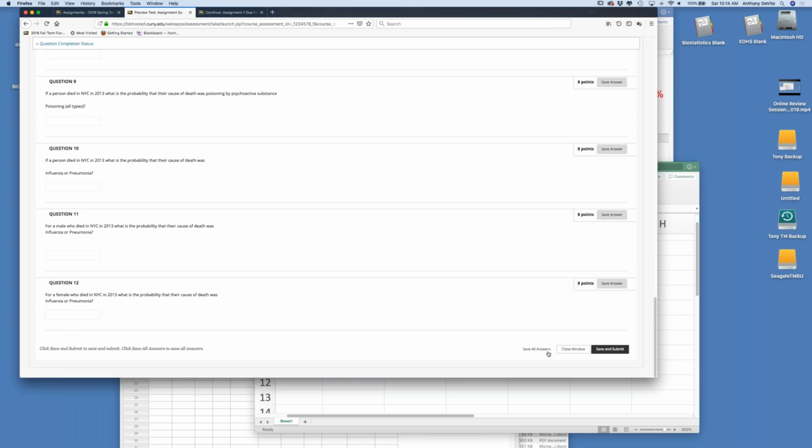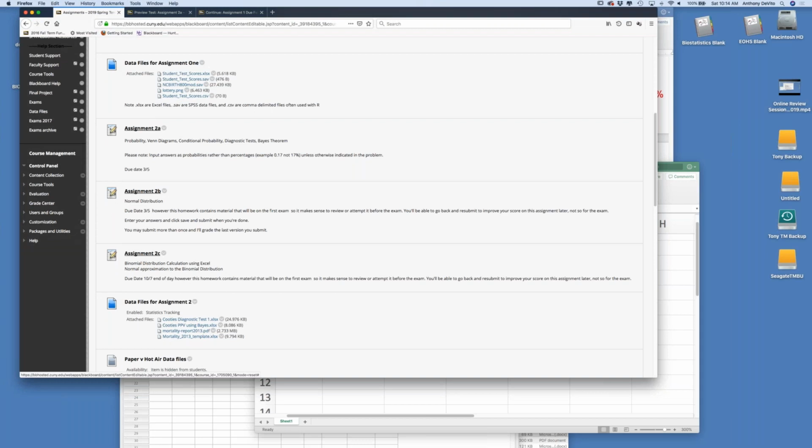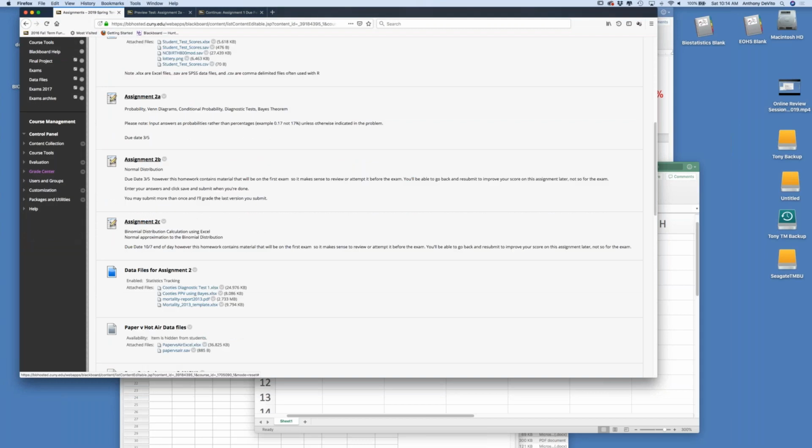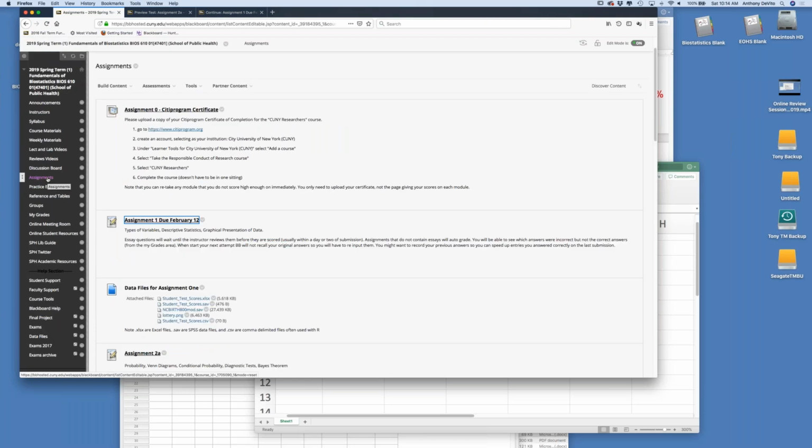Let's take a look at the next three homeworks, real quick. I'm not going to go through the entire homeworks, but I definitely want to do a problem that involves the z-table or the normal distribution, and one that involves the binomial distribution.